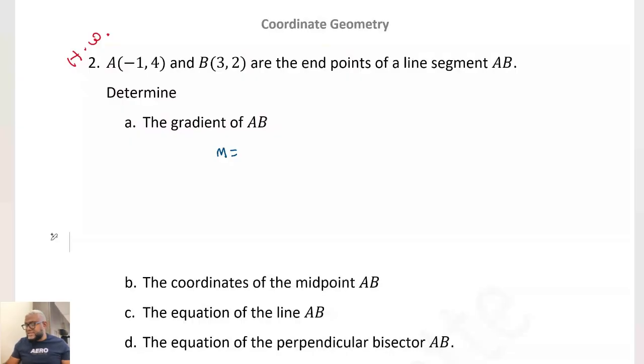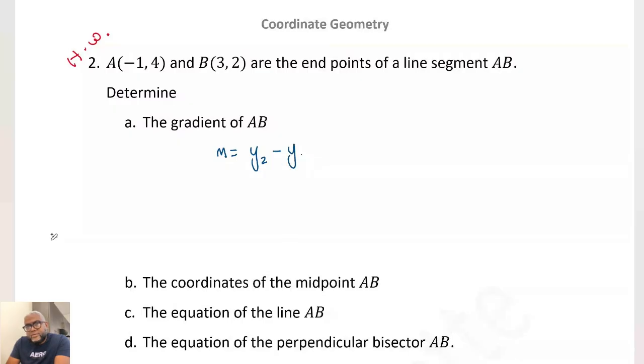Write in your book there, Taylor. Taylor. Yes, sir. What is it? The gradient of a line is equal to, I'll give you a start here, y2 minus what?